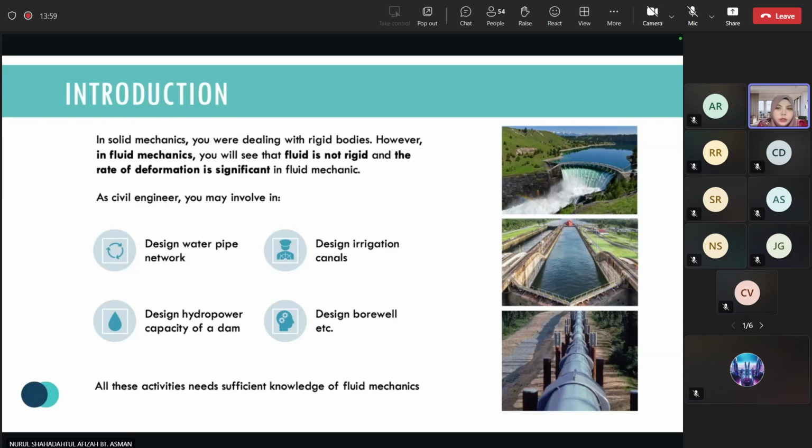Examples of civil engineering applications of fluid mechanics are the design of water pipe networks, irrigation canals, hydropower capacity of a dam, and design of wells. As you can see in Sabah, in KK we have the Babagon Dam. So maybe we can have a site visit to Babagon Dam in the CEC program.